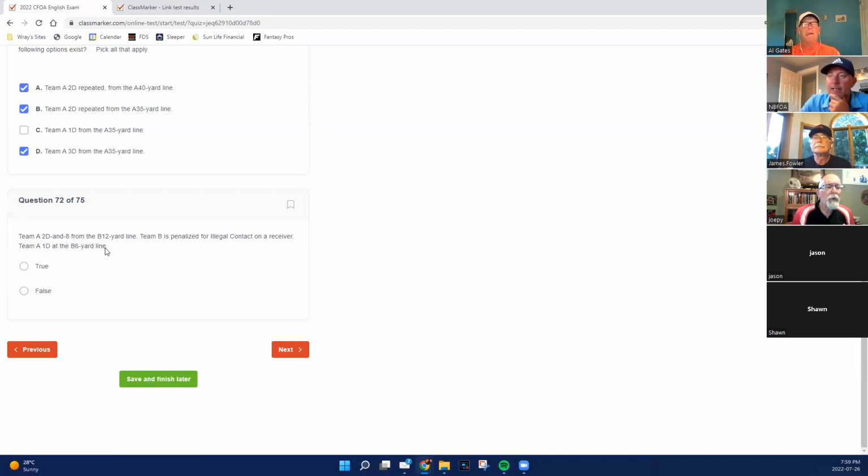So what they're basically suggesting here is we're going to go from second down to first down, and we're going to go half the distance to the goal line. True or false? I think it's true, because you can't penalize the offensive team just because they're close to the other team's goal. They should get the first down, which they would have had if the original penalty had been applied.